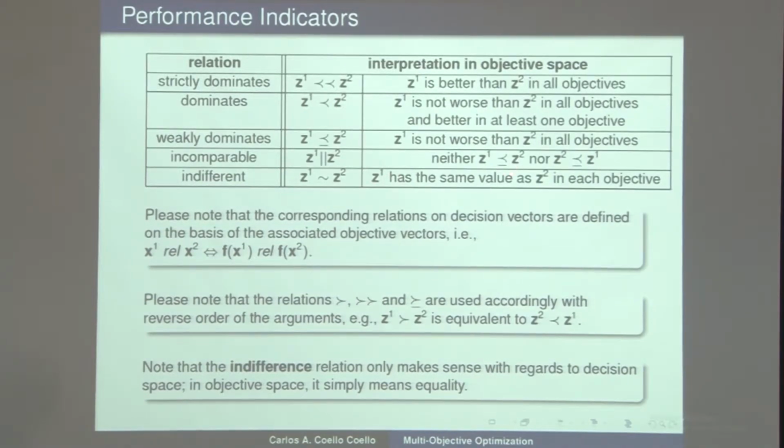Set 1 has the same value as set 2 in each objective. So that means they are identical. There is a difference between incomparable and indifferent. They are defined on the basis of objective vectors, right? All of this is objectives, not decision variables. Also, we can use reverse arguments, and all this will hold.